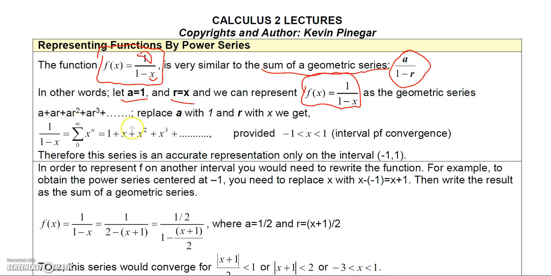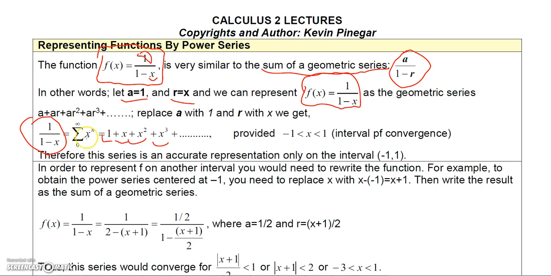Now, if we take this series and replace a with 1 and r with x, instead of a, we would get 1, and instead of ar, we'd get 1 times x, and instead of ar squared, we get 1 times x squared, and then 1 times x cubed, and so forth. So this series could be used to represent this function 1 over 1 minus x. So basically it's the series where n goes from 0 to infinity, x to the n.